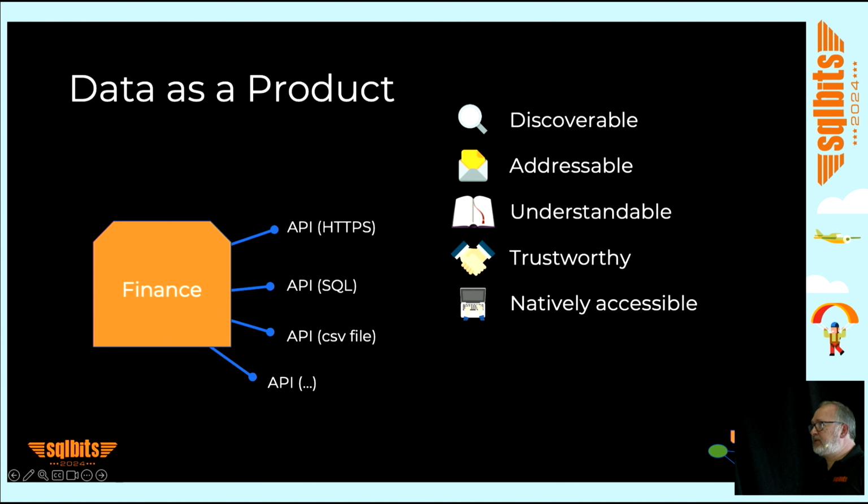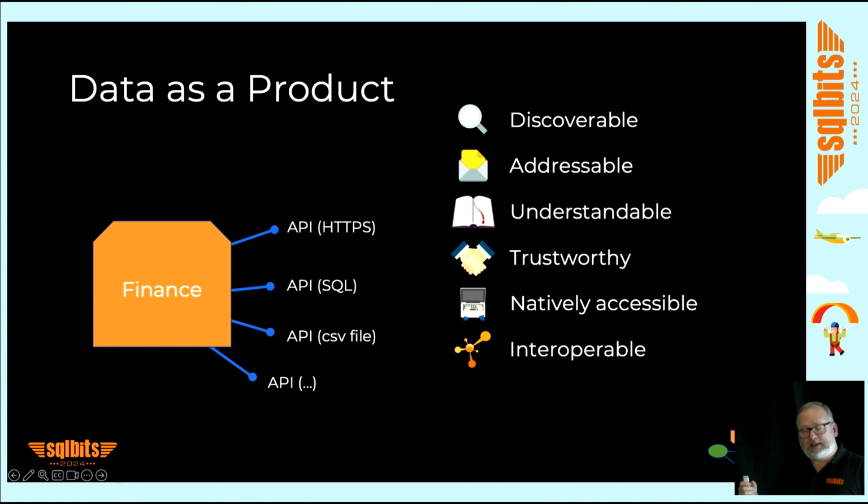And let's say there is a data scientist. They want to do machine learning training, and maybe they want the data in the form of data frames. Or they could be an application developer who wants to have access to this data through a REST API, right? So each and every group of users should have access in their form of the type of APIs that they are used to using on a daily basis, right?